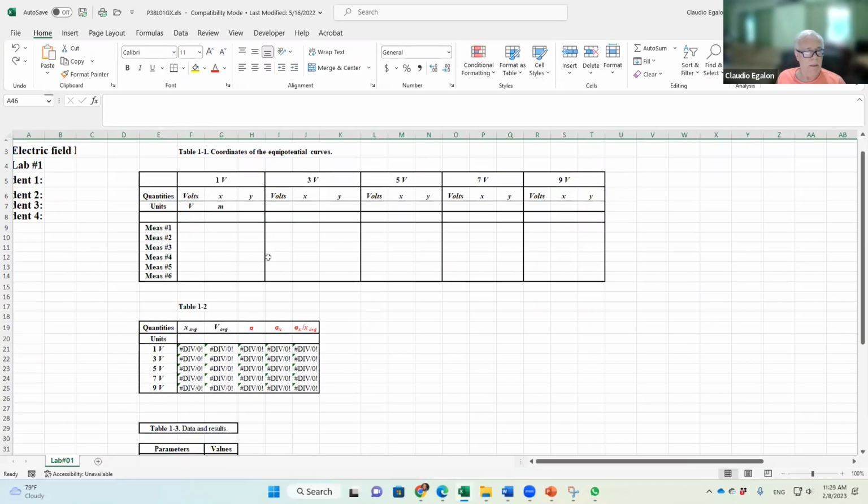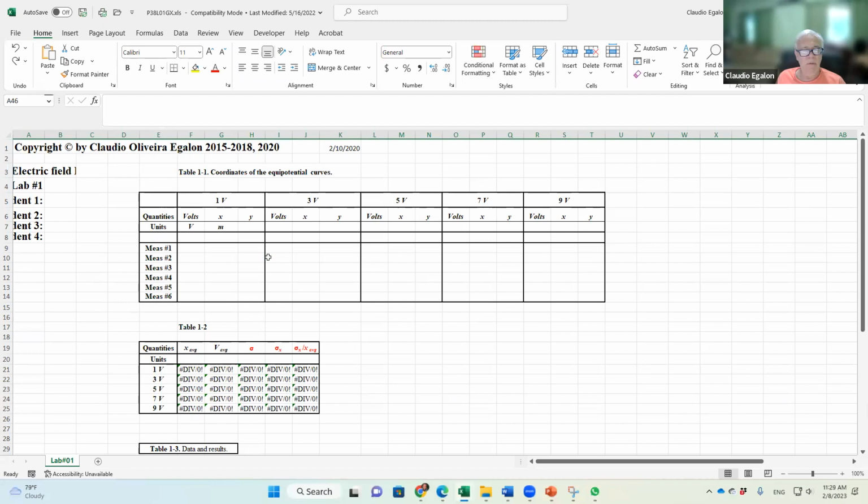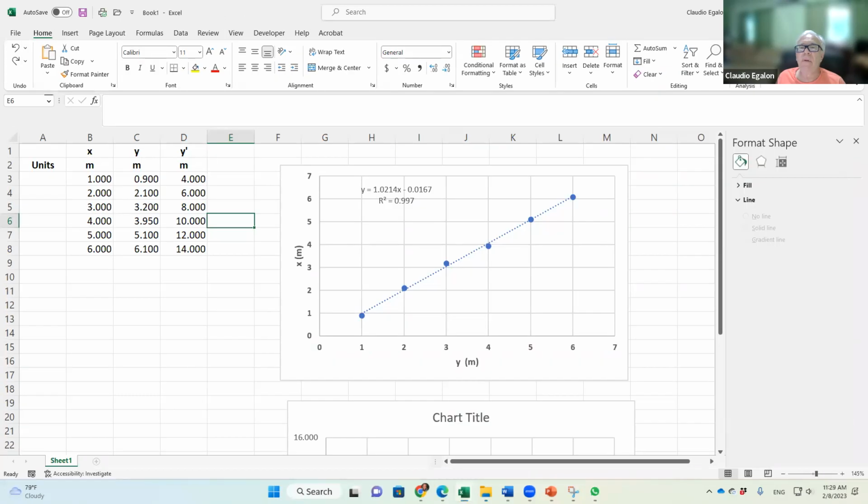That's what your tables are going to look like, without the numbers. Let me see if I can get the numbers here.